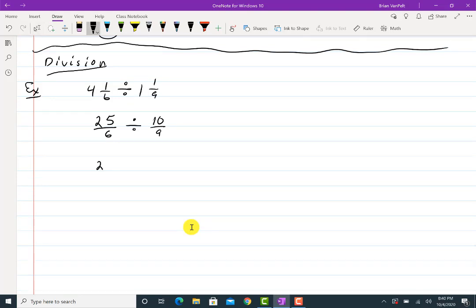So first, change it to fractions, then work the problem. Remember, when you do division with fractions, you take the reciprocal of the second fraction and you multiply. Now there's a lot of stuff that will cancel. For example, 5 goes into both 25 and 10. Additionally, 3 goes into both 6 and 9.